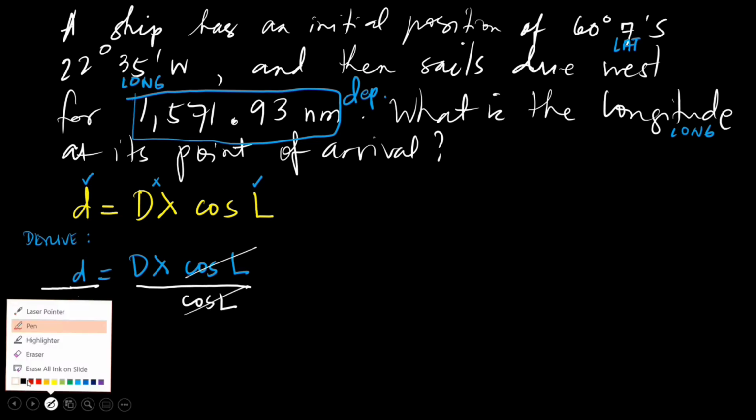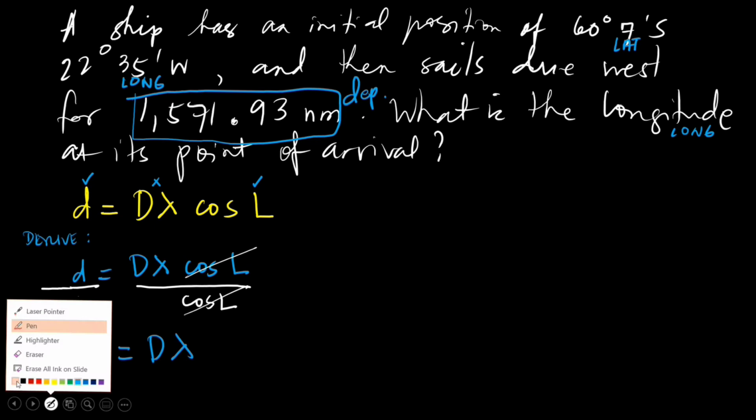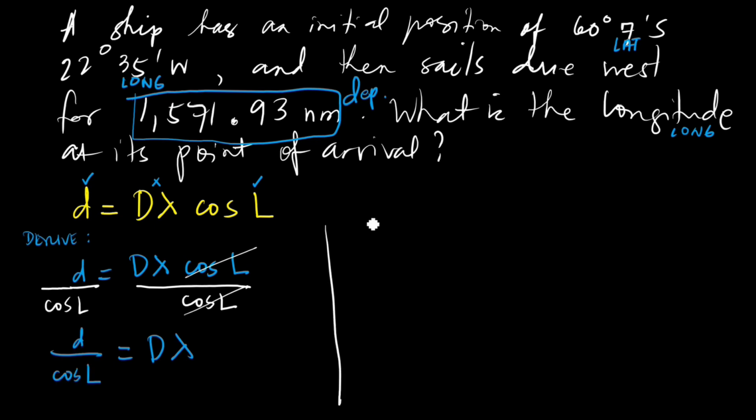So we have the departure over cosine of latitude equals difference in longitude. Next, this difference in longitude can also be written this way: difference in longitude equals D over cosine of L.